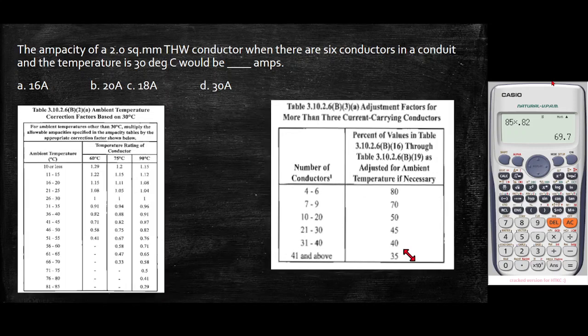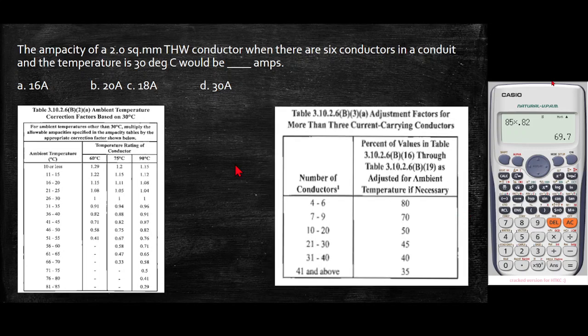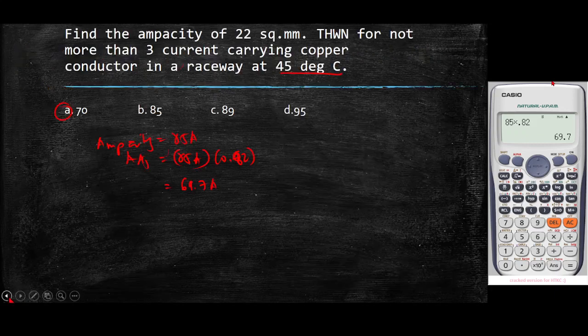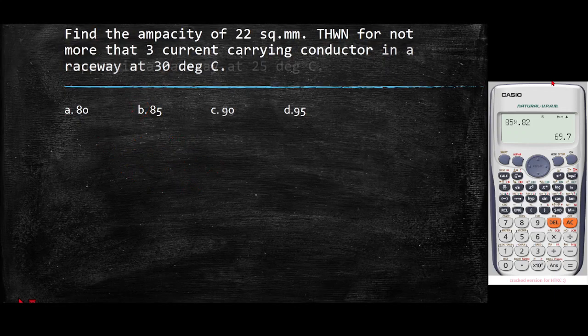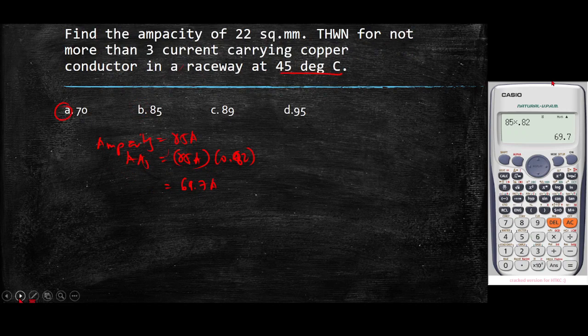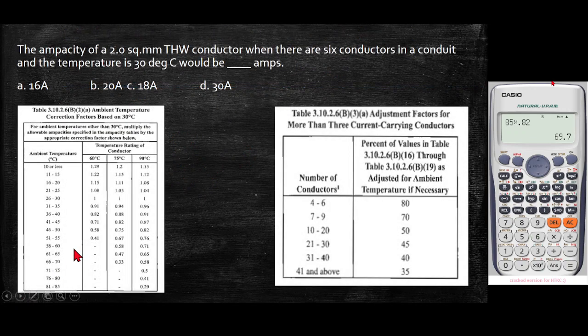Okay, yan. So nilagay ko na yung mga table, no, na pwede nyong magamit. So yung 2.0 na square mm THW, okay, so that will be, yung ampacity niyan is 20 amperes, no? Per table nung kanina sa table dito. Yan. So THW 2.0, so 20 amperes ang kanyang ampacity. So pakilagay po ng answer niyo sa ating chat box.